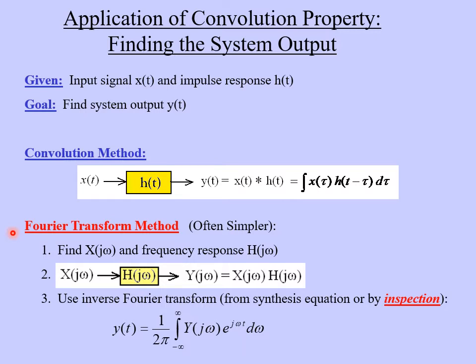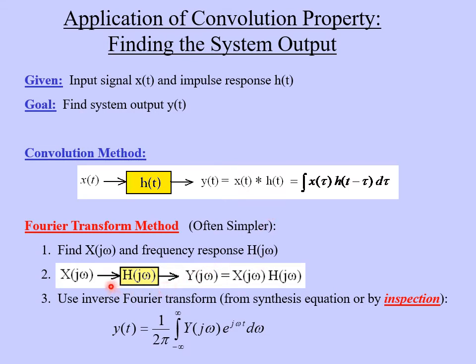The idea here is, instead of working with x of t, we're going to work with X of j omega, the Fourier transform of the input signal. And instead of working with h of t, the impulse response, we're going to work with the Fourier transform H of j omega. Remember, H of j omega is called the frequency response, and it's the Fourier transform of h of t.